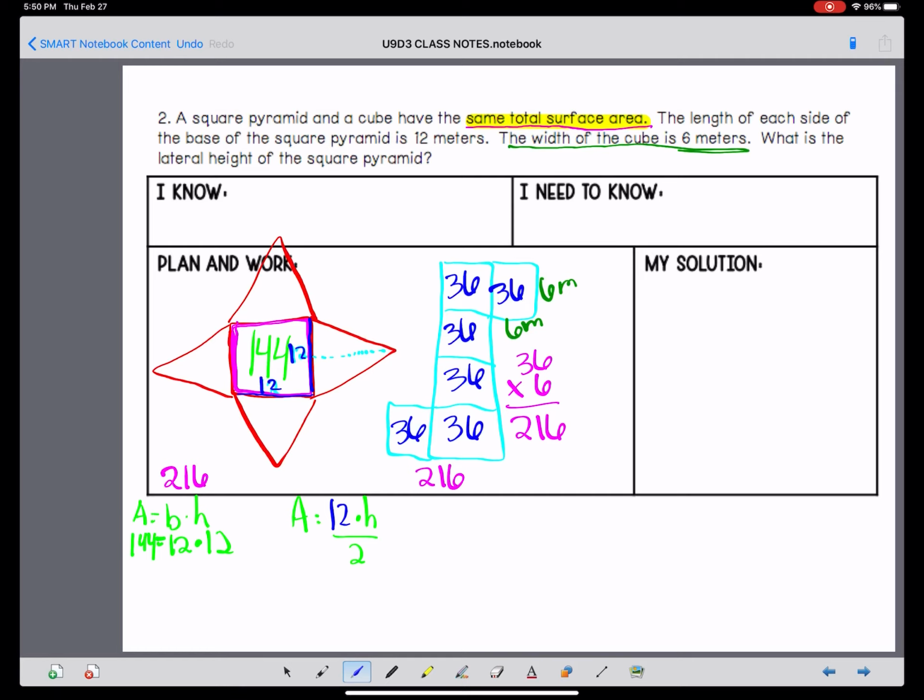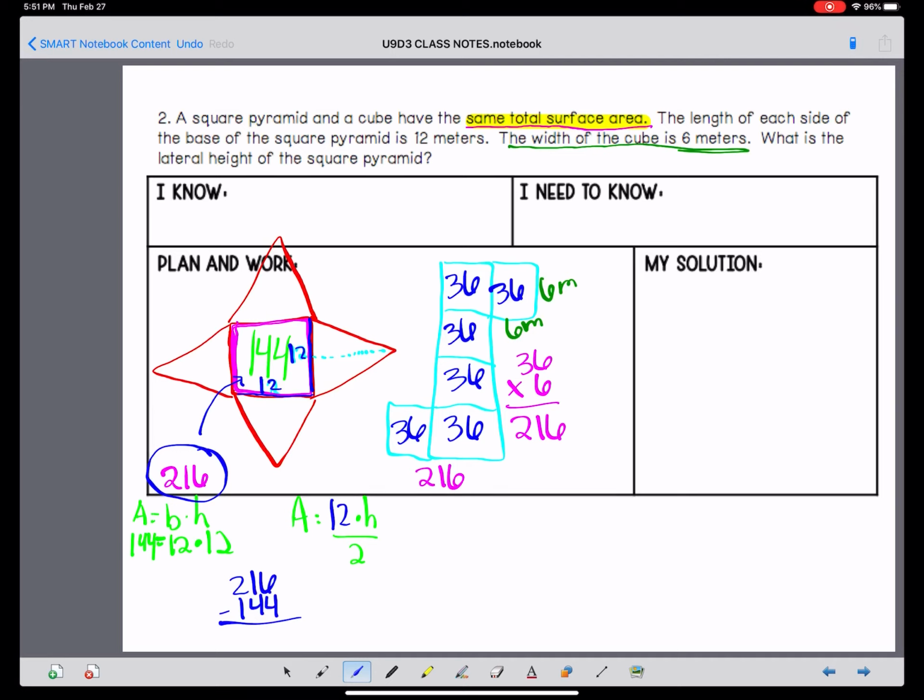We need to figure out what the area of all the triangles added up together is going to be. In order to do that, we are going to have to take our total surface area, which is 216, and subtract the square, which is 144. That is going to give us the total surface area of the 4 triangles.